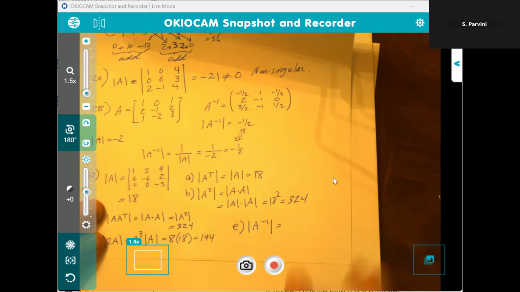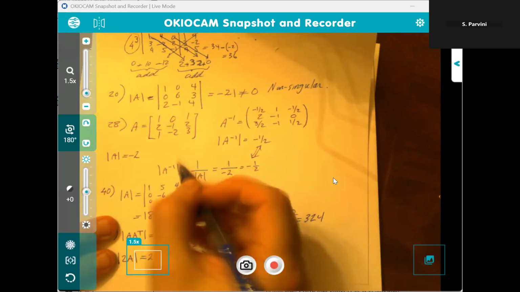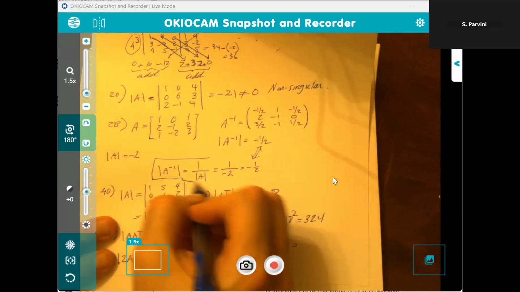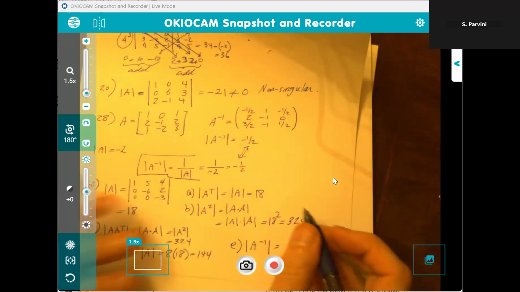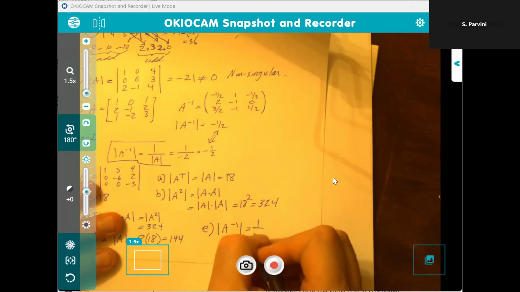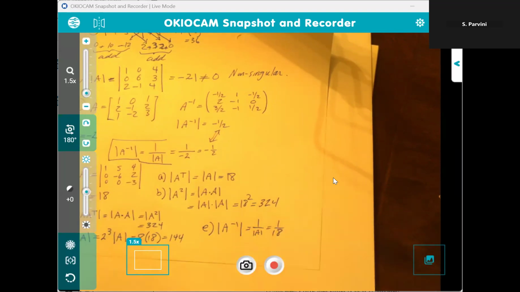Remember, we did it up here. Yeah, it's directly above us. There you have it. The determinant of A inverse is 1 over determinant of A. And that's just going to be 1 over 18.